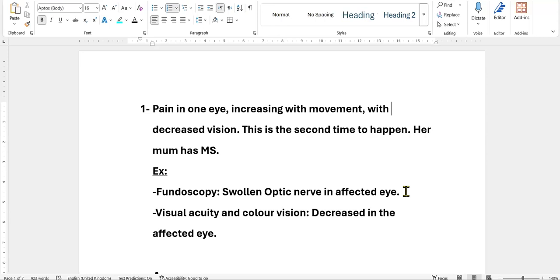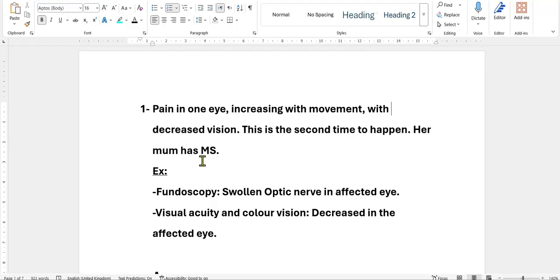Then explain. Okay. What you did is that you told her, from the information that you have given to me, or from the symptoms that you told me, and because your mom has multiple sclerosis, I'm suspecting that you have optic neuritis. Well, this is a little bit awkward.